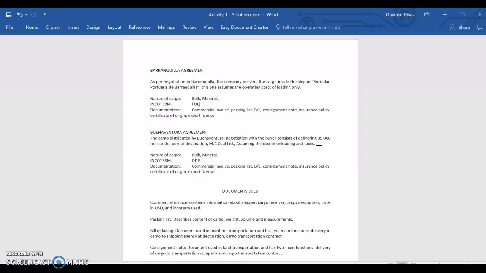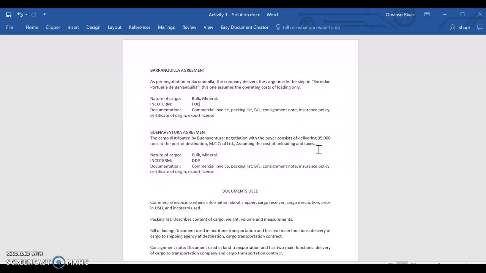The Incoterm used is delivered duty paid because this assumes all the operation from the extraction from the mines, passing through the loading terminal, international transportation, and includes also unloading and taxes at the discharging port.